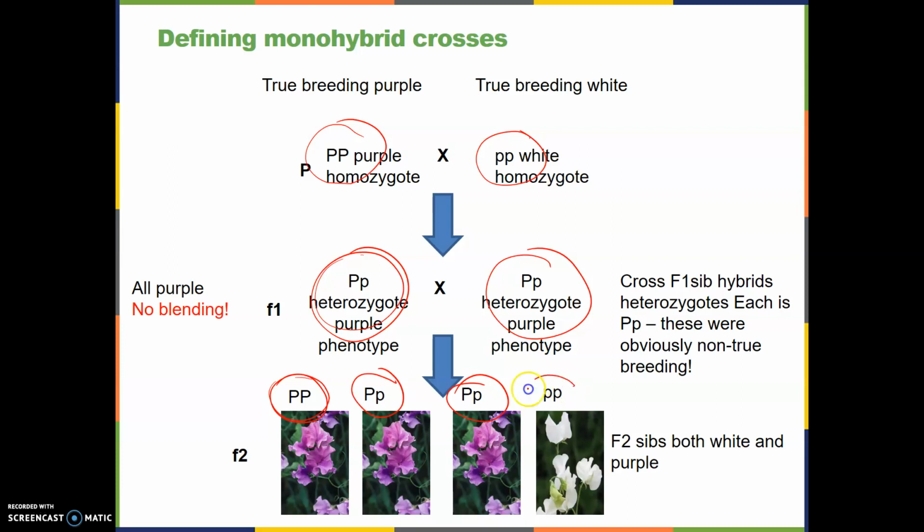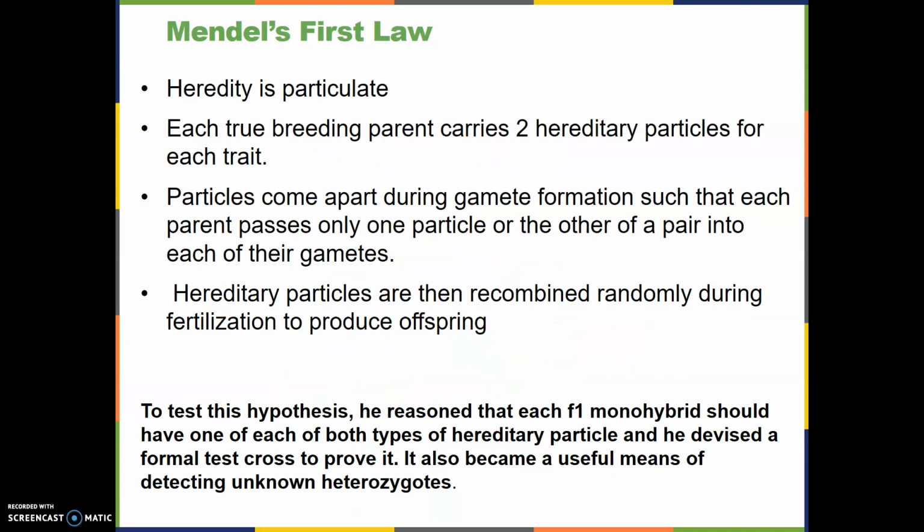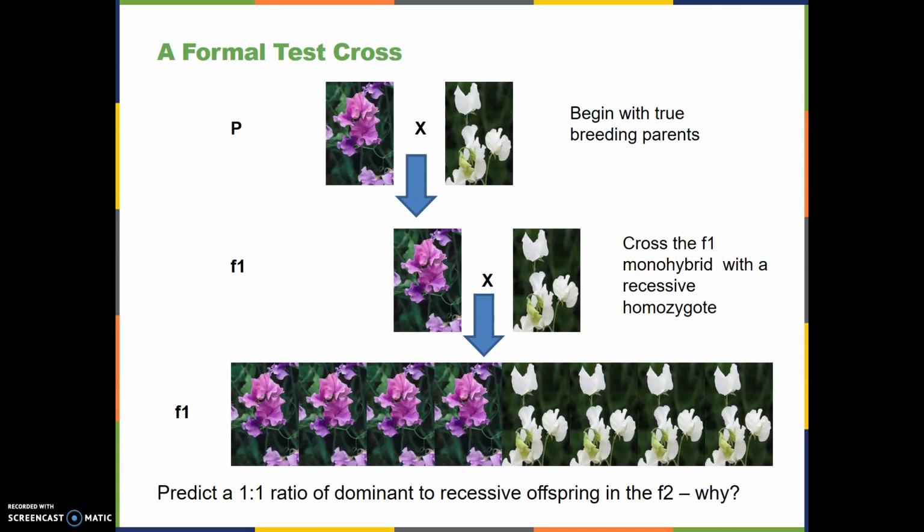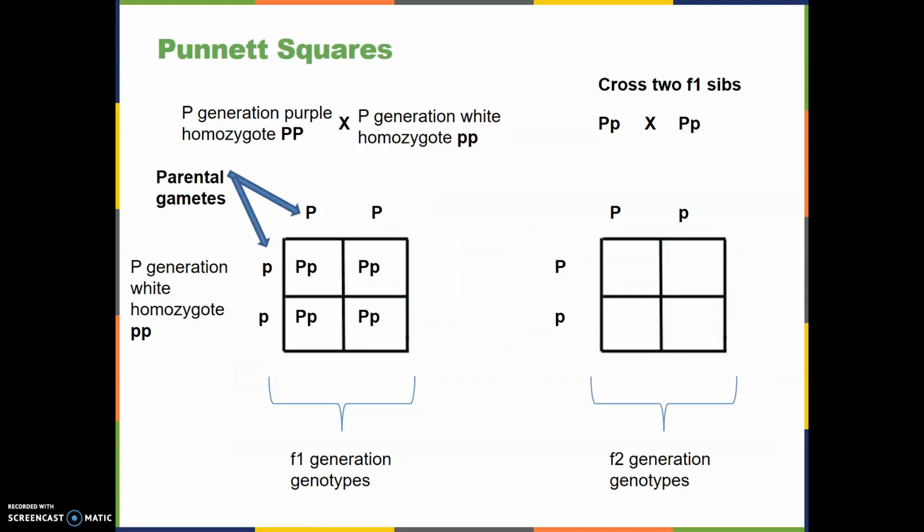And then 1/4 of the offspring are going to have two little p's and show the white flower color. And we know that because we can do something called a Punnett square to show that that is what the outcome is.